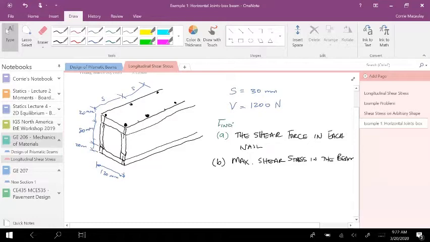Free body diagram. Say again. A free body diagram. We could draw a free body diagram, right? But we're already given the shear force, 1,200 newtons. So we can really skip that portion.